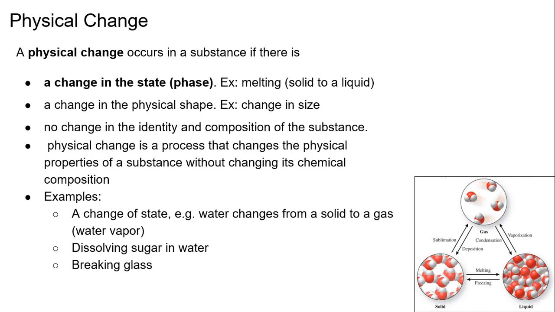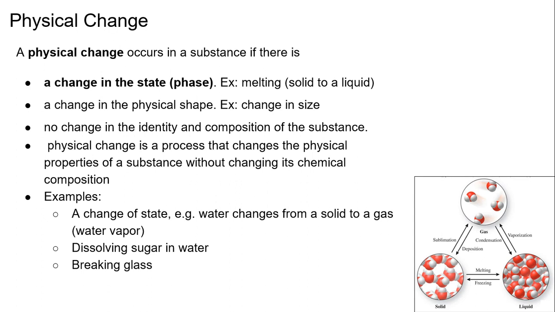But no matter what, if you look into it closely, it's still water, but it can change state. So these changed physical states change the state, but they stay the object.